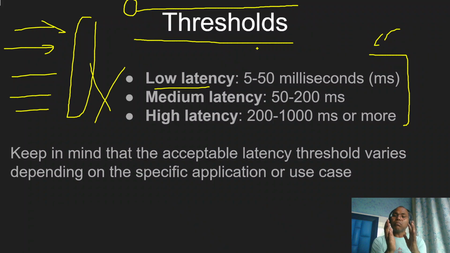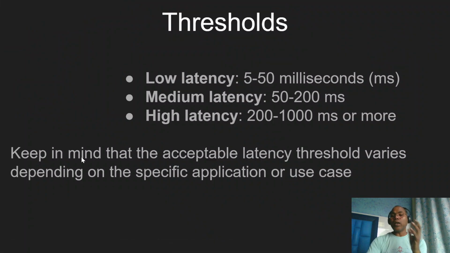So this is the threshold first defined by your QA, your test environment, and in the test environment also lots of load: minimum load, average load, and maximum load. You have to categorize it, because the load can be different. Consider this whenever you are going to test.